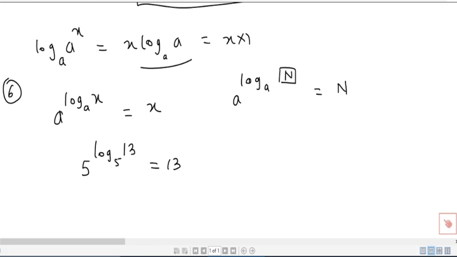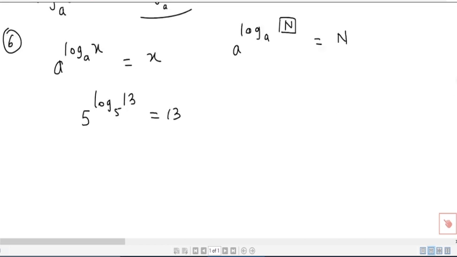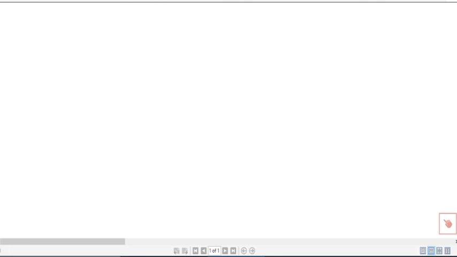Now we'll see one more property. Some more properties are left that we need to discuss, out of which we have this one, which says how to convert the base. Property number 7 we are going to discuss now, which is very important because in this property you are going to convert the base.